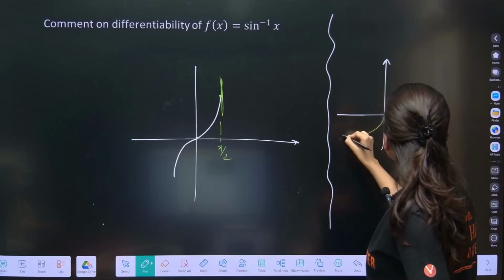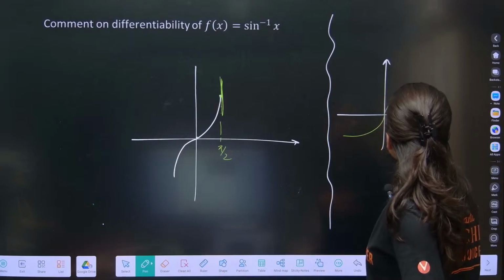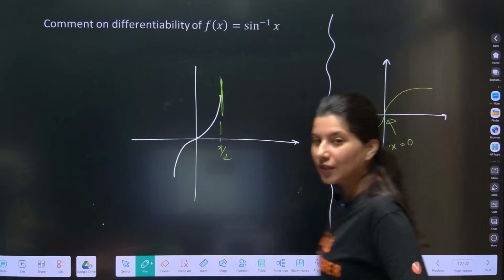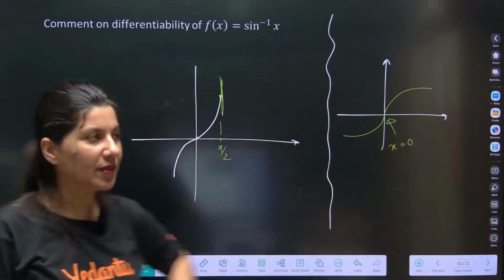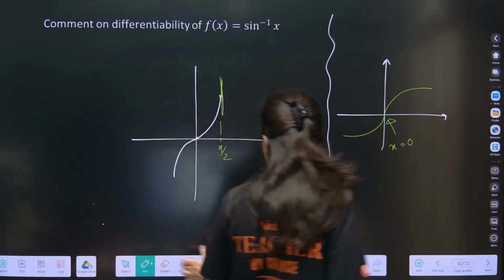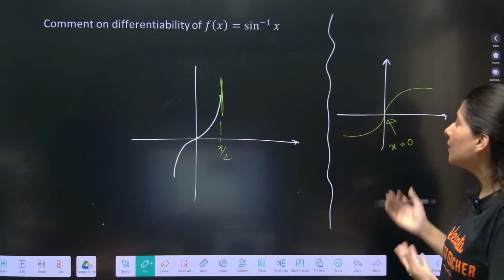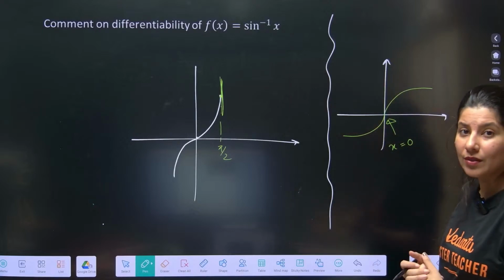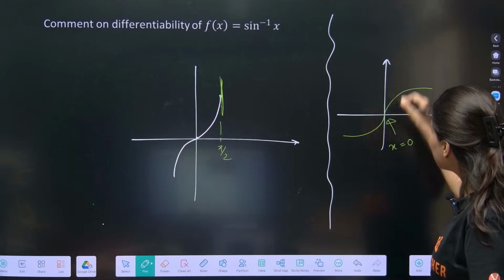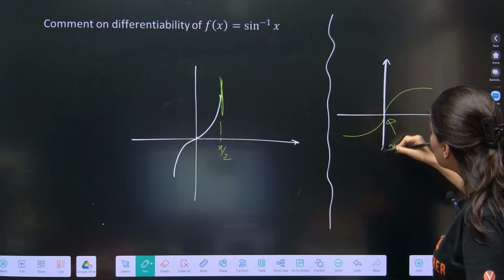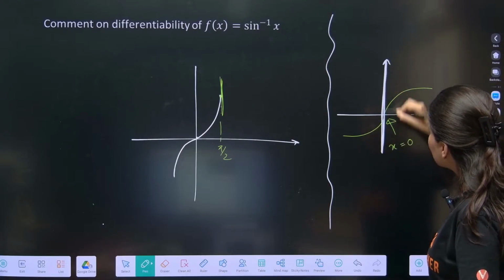Tell me, graphically check, at x equals to 0, is the function differentiable? So you will say, yes ma'am, function is differentiable because there is no jump, there is no break, there is no sharp corner, so it looks differentiable. But can you see at x equals to 0, you are drawing a vertical tangent.